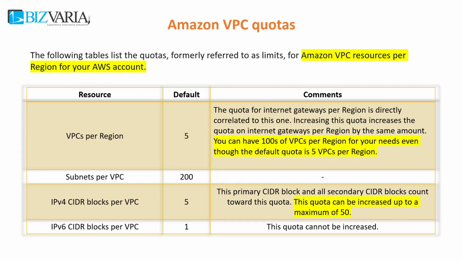But by default it's 200. So IPv4 CIDR blocks, by default you can have 5 CIDR blocks per VPC, but the quota can be increased up to a maximum of 50. Then for IPv6 CIDR blocks, there's 1 by default. This quota cannot be increased.